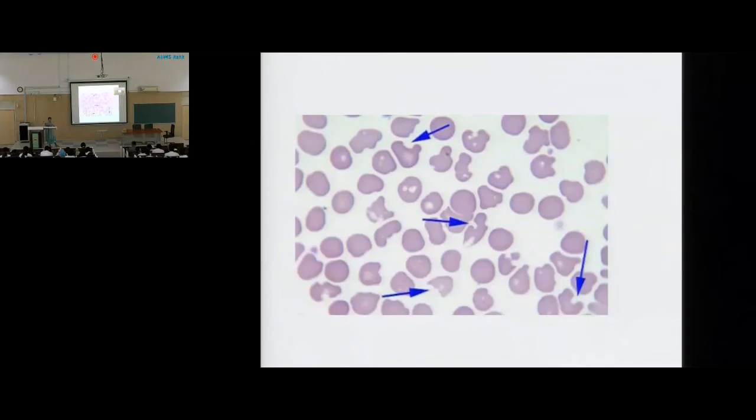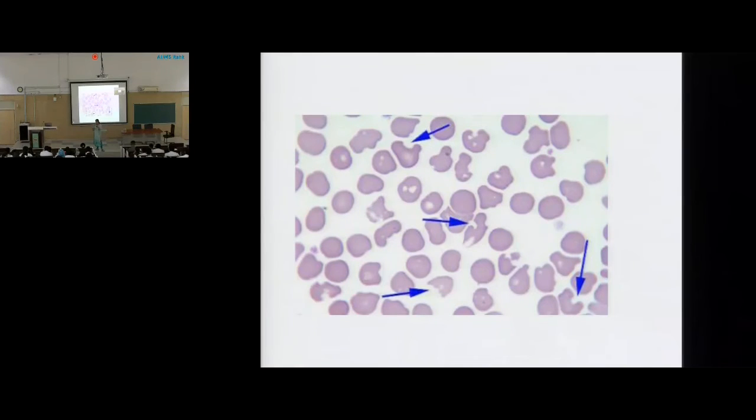These bodies which are formed will go to the spleen, and the spleen will see that this is an abnormal type of hemoglobin. It will take a bite from that, so what are called bite cells are formed. If you look clearly, a part of the RBC has been removed.